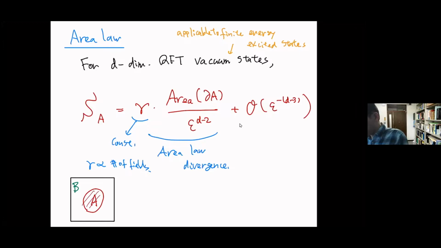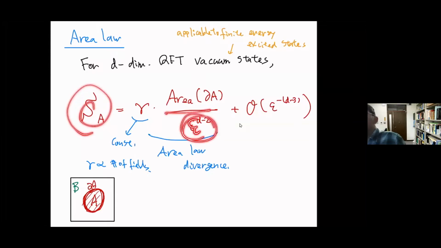Boundary A is this boundary, and the entanglement entropy is proportional to the area of the boundary of A. Because the entropy is dimensionless, we have to divide by some dimensionful quantity, which is the cutoff scale.